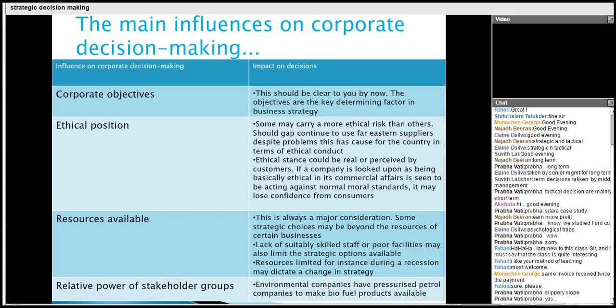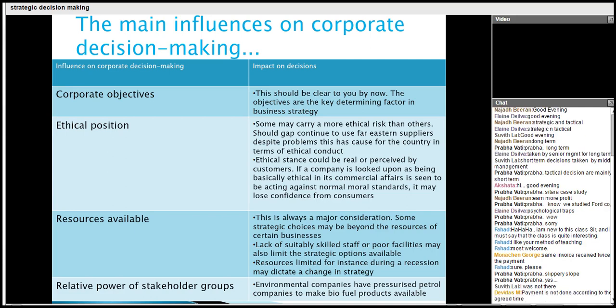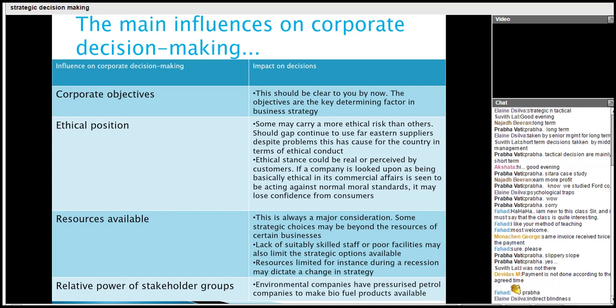What is the next? Yeah, we looked at different... you're happy? Okay, you're happy for Prabha. That's good. Indirect blindness, that's good, Elaine. I'm happy to see it. Wow, you see now my voice is changing. I'm happy. So we've seen slippery slope, we've seen indirect blindness.